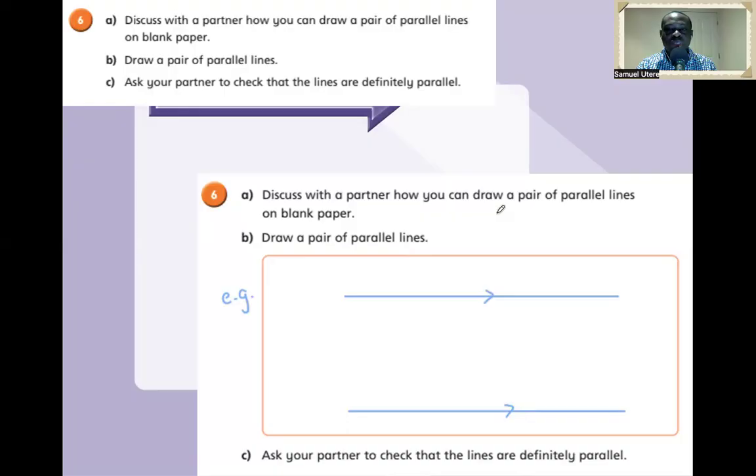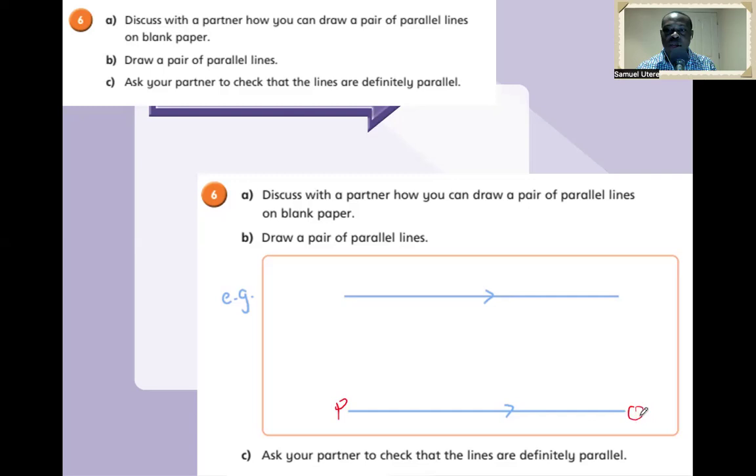You draw first a line segment. You mark the parallel notation on the line. Then you take a protractor. You place the protractor on the line segment. Let's say, for example, you call this line segment PQ like we did before.